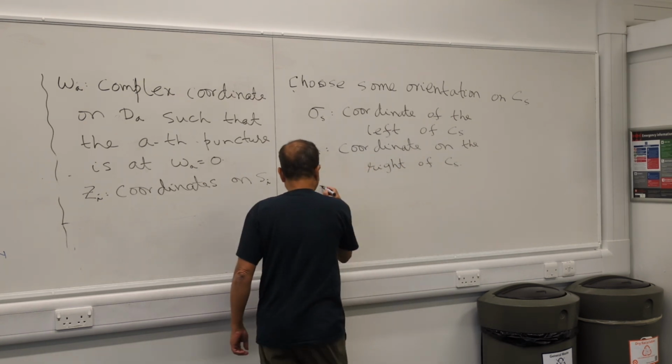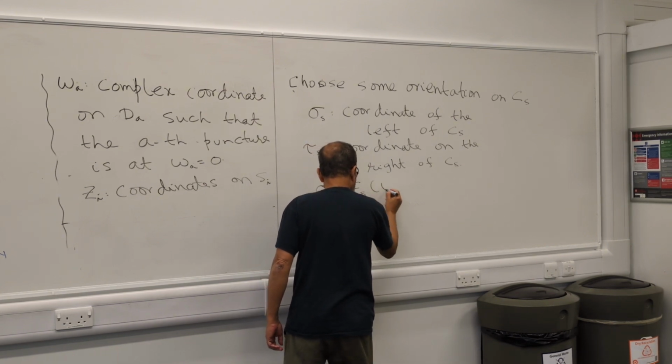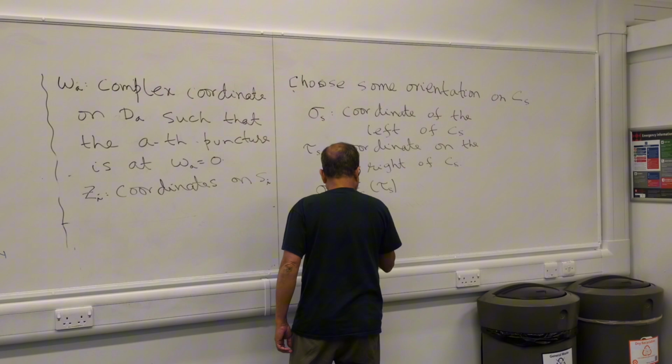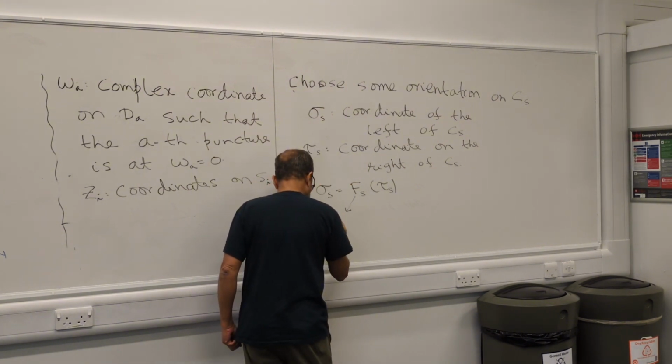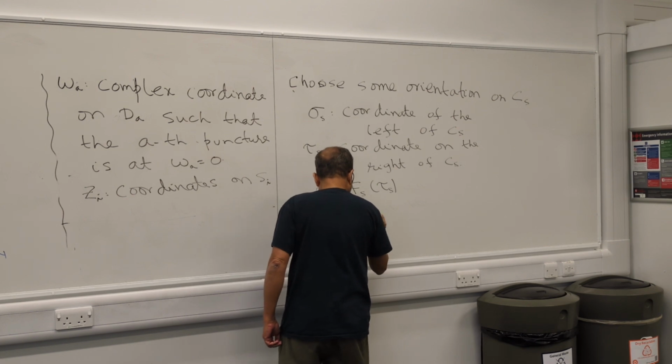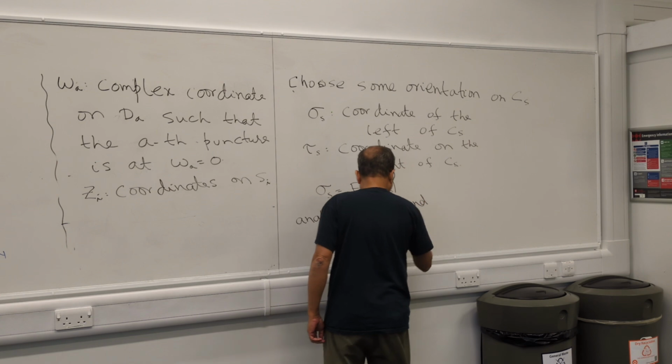And we expect that sigma s will be some function of tau s. This function is analytic in a band around CS.